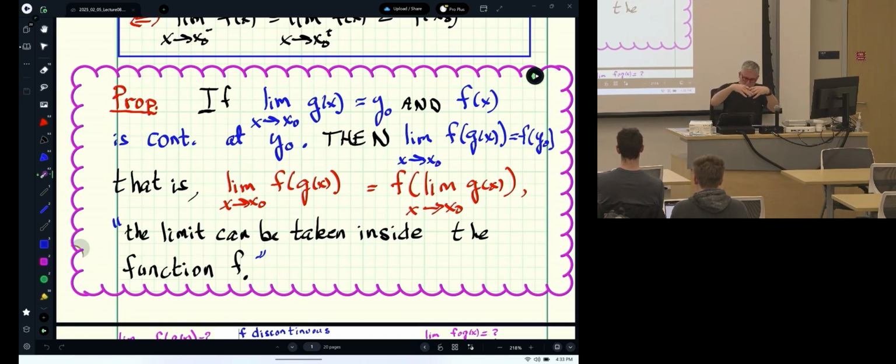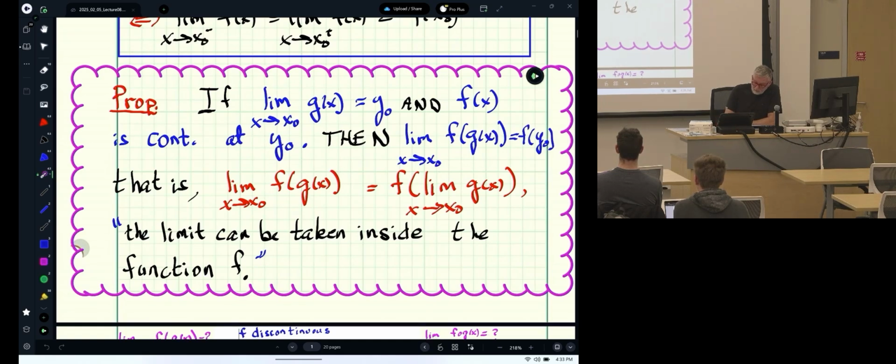into simpler atomic pieces. Many functions that we come across are compositions of functions. It's nice if you can recognize limits of simpler pieces and then apply the function at that value. This proposition says it works under the following conditions.